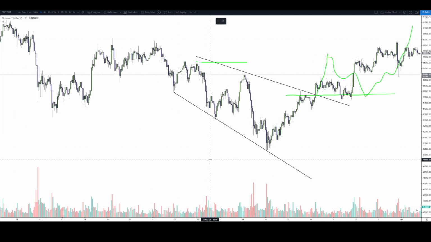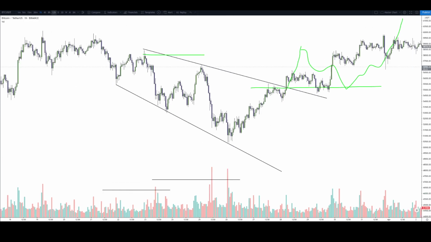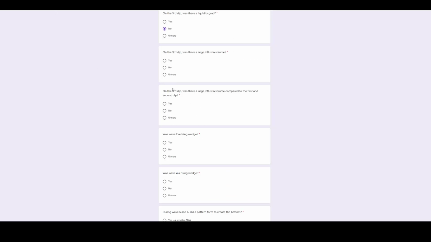So in this case, what we can do is cross-reference dip 1 is here, right? Cross-reference dip 2, which is here, there. So dip 3 was much larger, right? Big shakeout. So even though there was no liquidity grab, there's a huge influx in volume.